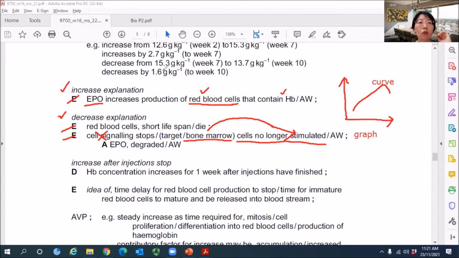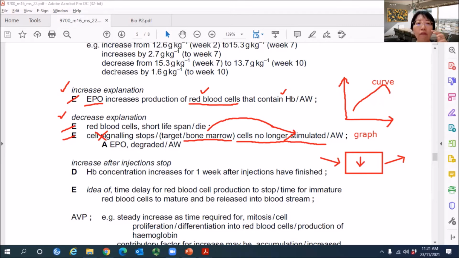So this has to do with, again, I always say, when you want to describe the change of concentration of something, you have to look at both the input as well as the output. So why does my hemoglobin concentration drop? Because my red blood cell number drops. Why does my red blood cell number drop?